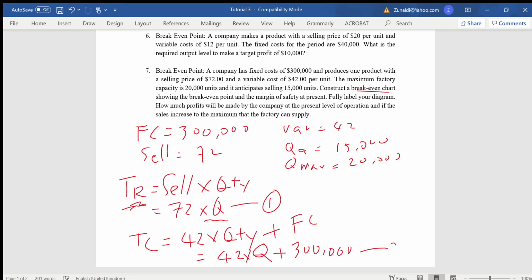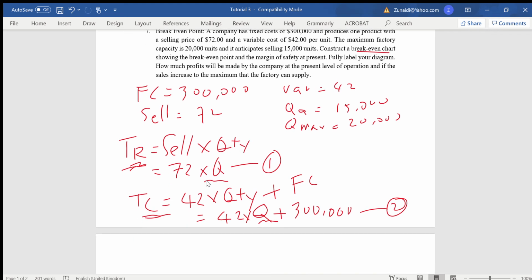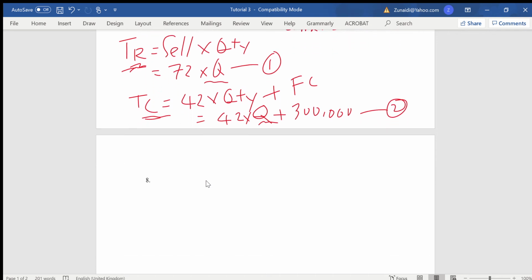That is the second equation. So we have Q and TC as variables for the break-even chart. Alright, when we have two different formulas, we can plot the chart.